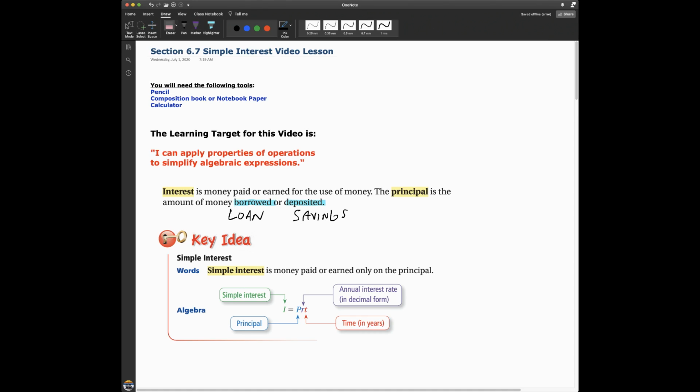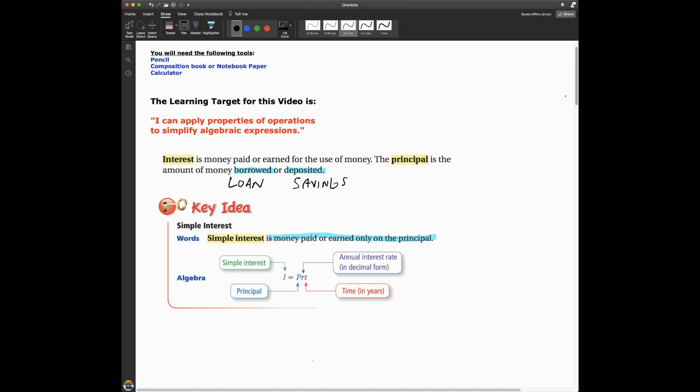So here is the definition for simple interest down here. Simple interest is money paid or earned only on the principal. There's other types of interest that you'll learn about later, but simple interest is money that's paid or earned only on what you start with, the principal.